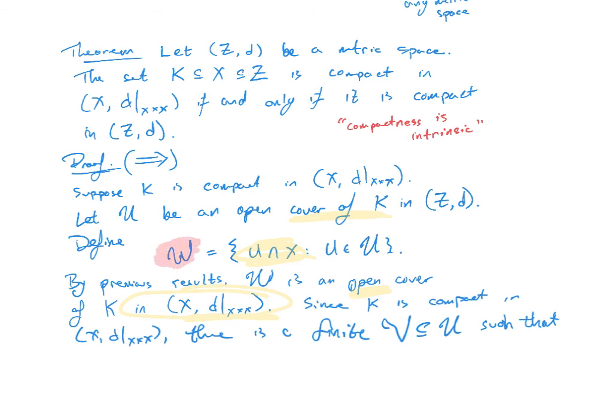There's a finite subset of W. But everything in W is just something in U intersect X.